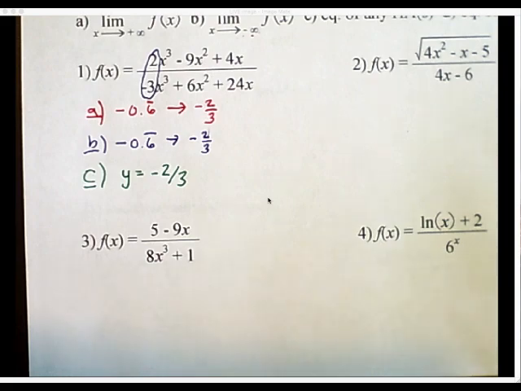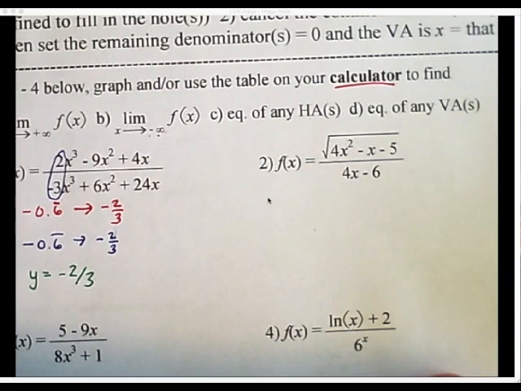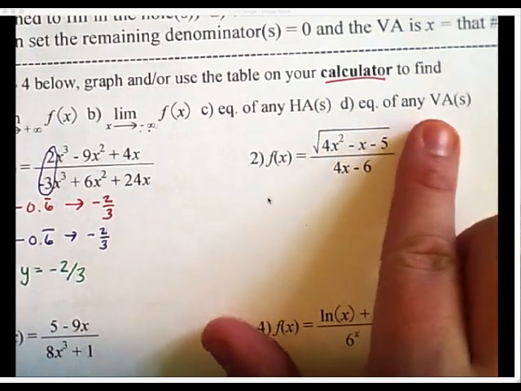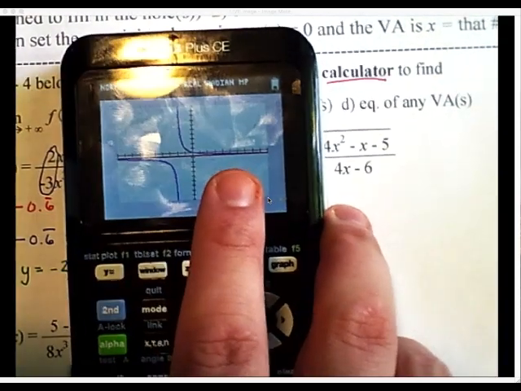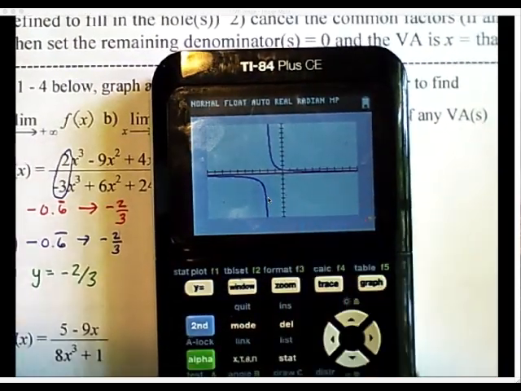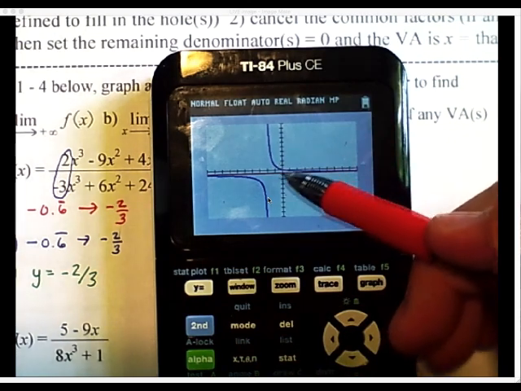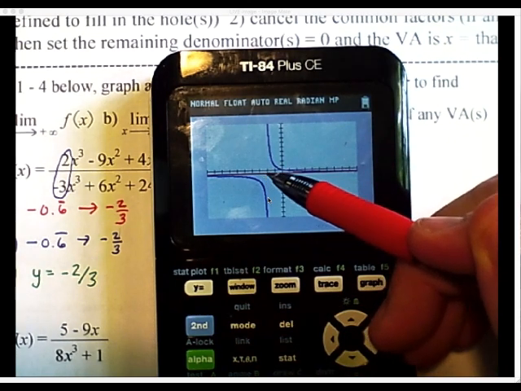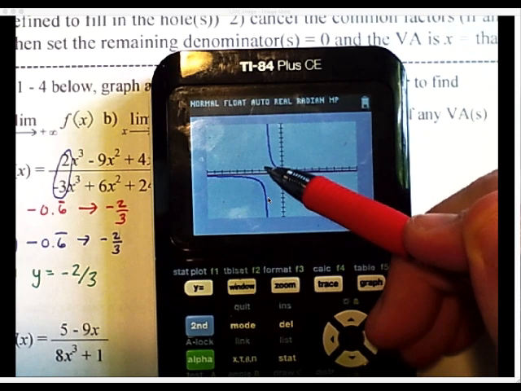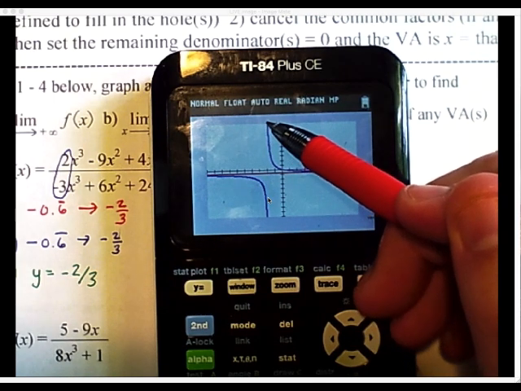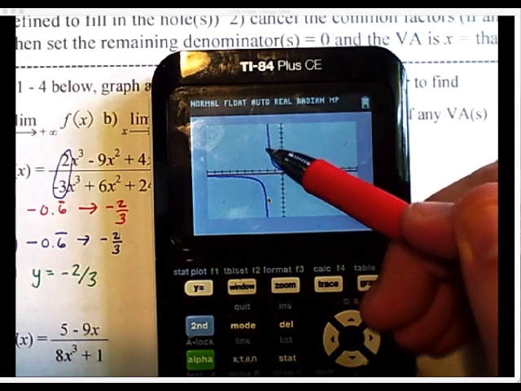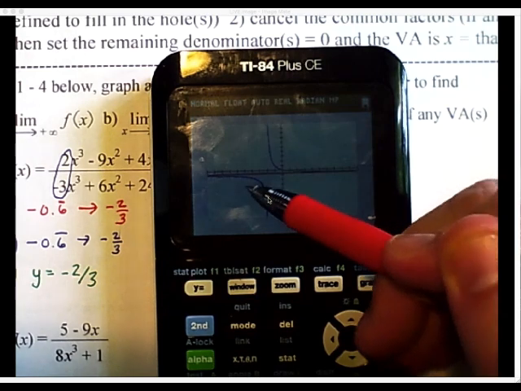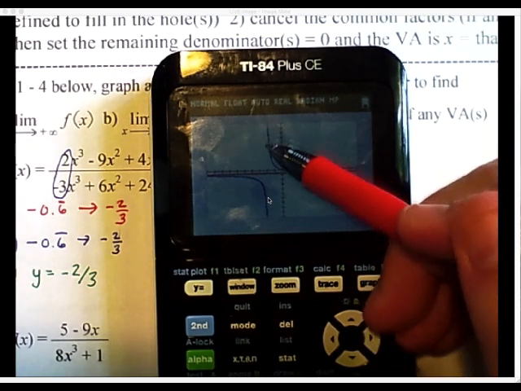Now, let's look at how do we do part D? How do we find the equations of any vertical asymptotes? So in here, if you look at the graph, it looks like as I'm getting close to a certain x value, I don't know what it is yet, but it looks like I could draw a vertical line straight down that this curve approaches but never quite crosses.